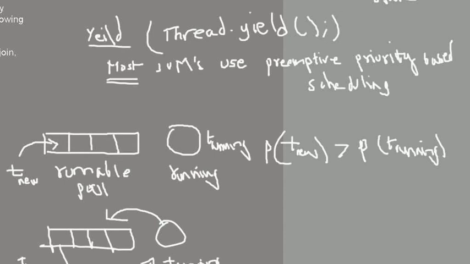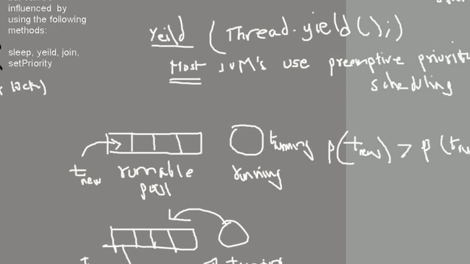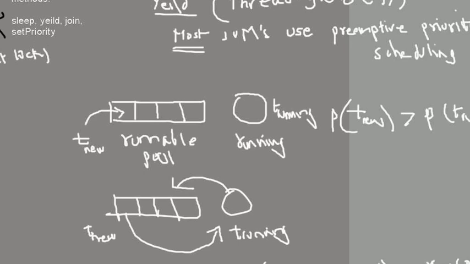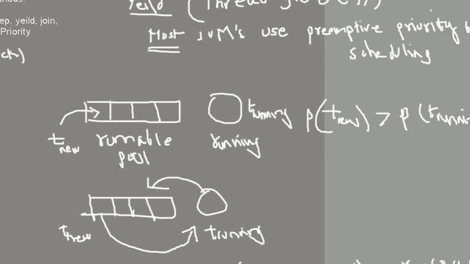Just to understand what yield does, we need to talk a little bit about the scheduling scheme followed by the JVM. Most JVMs use preemptive priority-based scheduling. Let's take a look at this scenario. You have this runnable pool. You have a new thread which is admitted to the runnable pool.